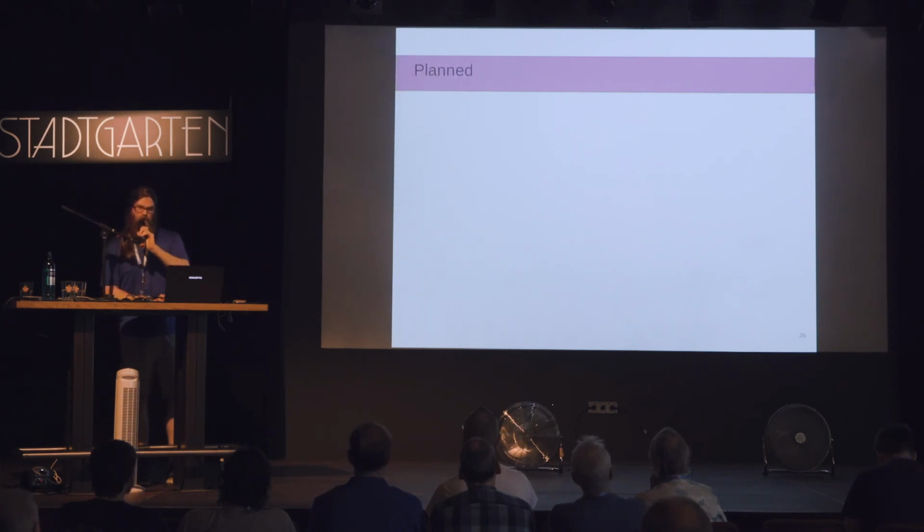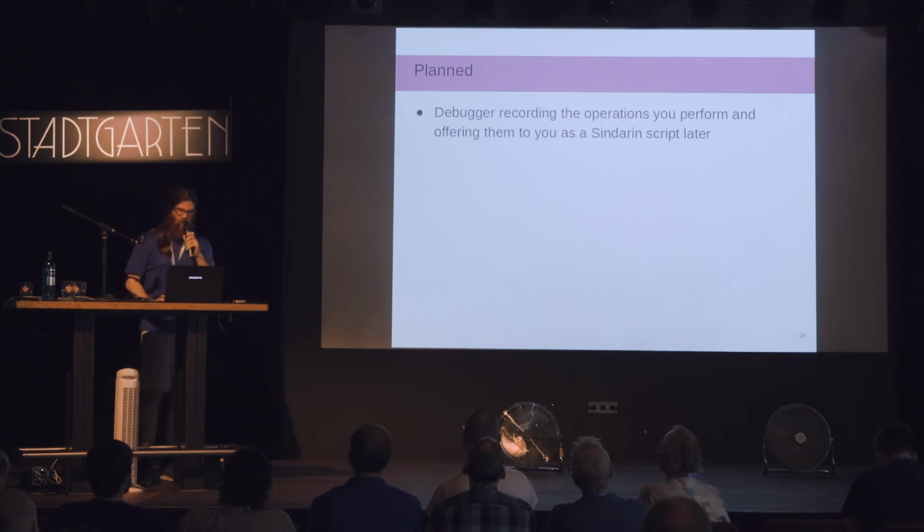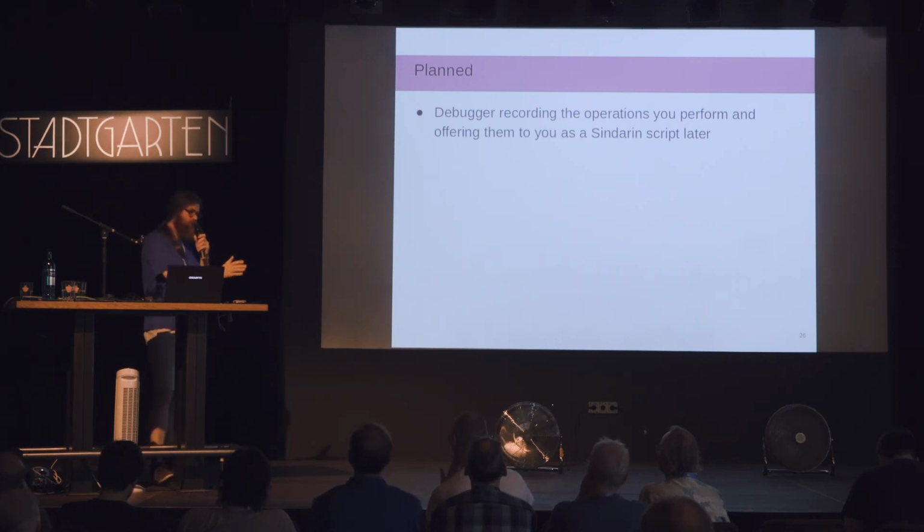So what we want to do in the future with Sindarin is to offer you more and more tools based on our research results. For example, we want to add an option to record automatically the steps that you do in debugging sessions, so that you can automatically generate a script that will help you reproduce your bug.